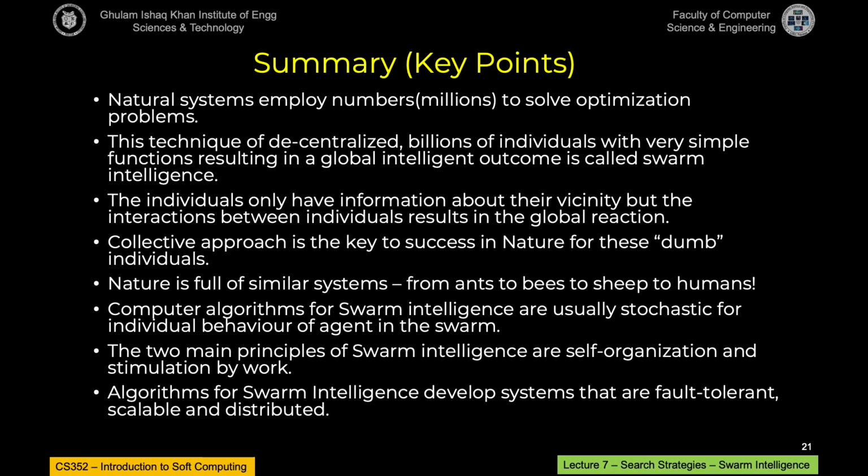So to summarize the current lecture on section 7.1, most natural systems employ some kind of technique to solve their problems, be it the predator problem, the survival problem, the food source problem, or many other problems. The technique they usually use is some kind of optimization technique, where they employ large numbers.